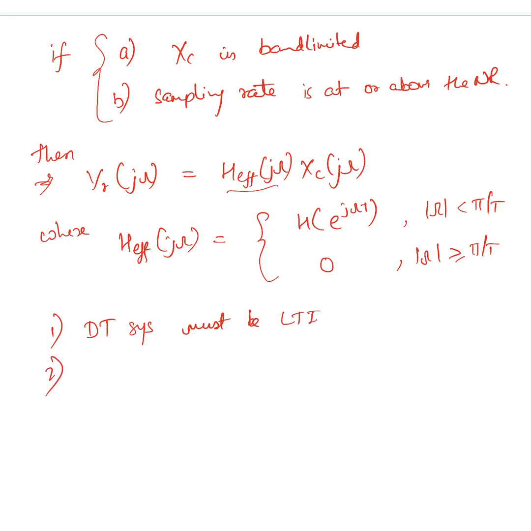Second, the input signal must be band limited. And the sampling rate must be high enough so that any aliased components are removed by the discrete time system, in the Nyquist sampling theorem properties to avoid the aliasing.